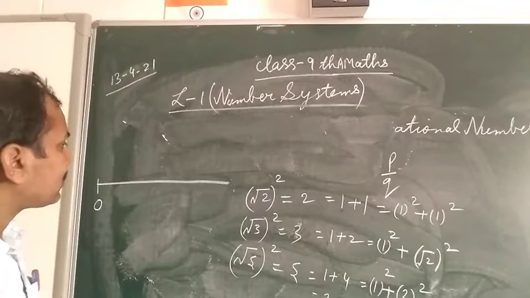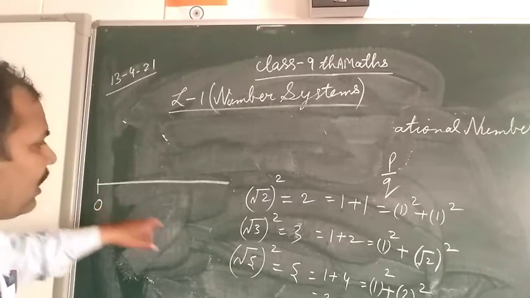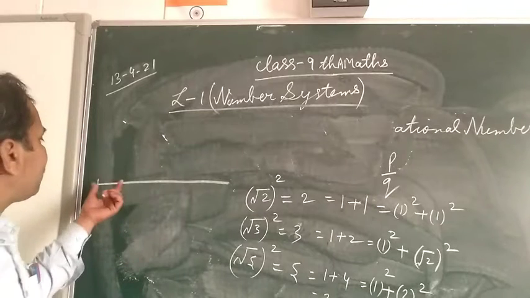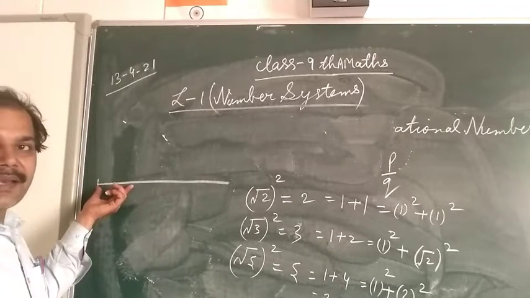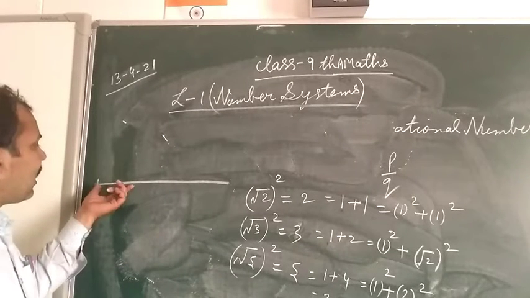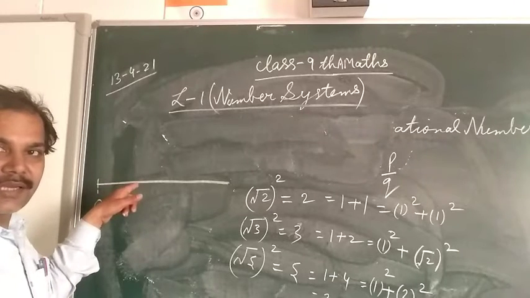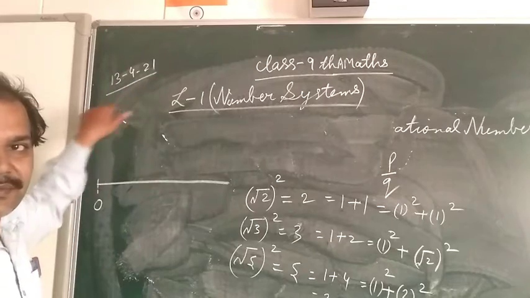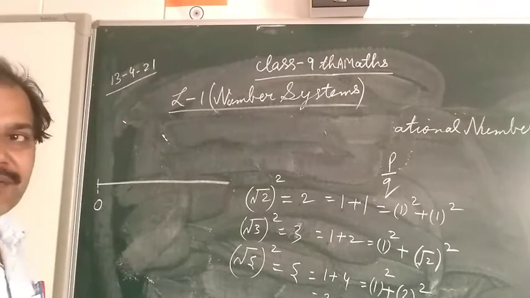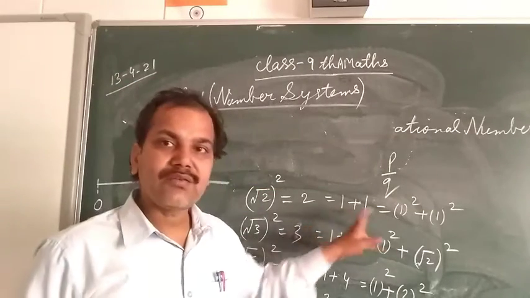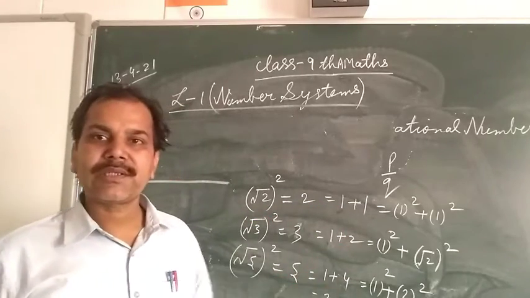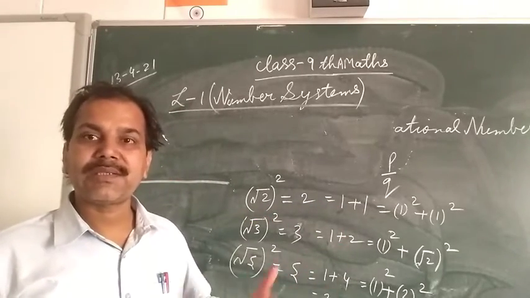And one thing, listen carefully. Here 1 square plus 1 square, so you have to represent 1 on the x-axis. At the point where 1 is, draw a 90-degree angle, and on that line you cut 1 unit again. 1 unit you can suppose 2 centimeters or 3 centimeters.